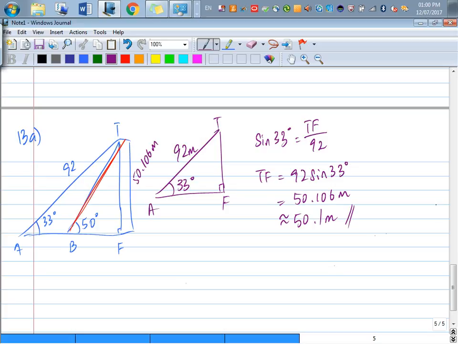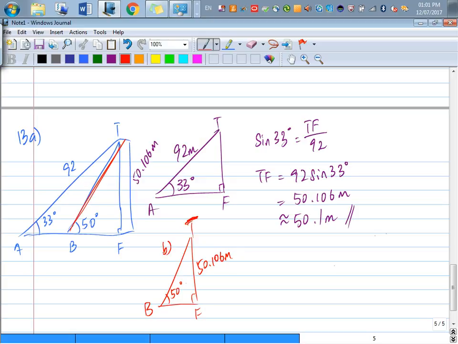So now I will look at my other right angle triangle. Okay, so F, T, and B, this is 50 degrees, and this is 50.106 meters.